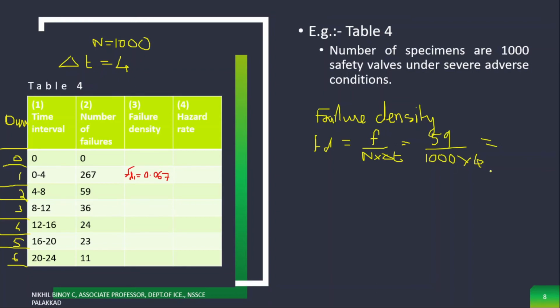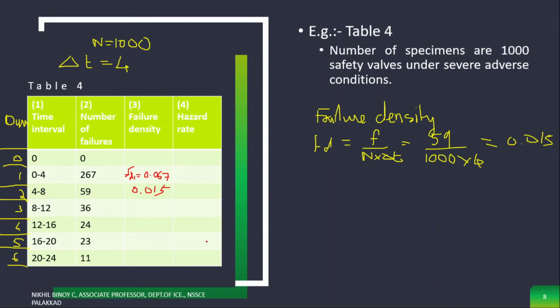The actual value is 0.01475. If you are using 3 significant digits, FD corresponding to the second duration is 0.015. So this entry is 0.015.